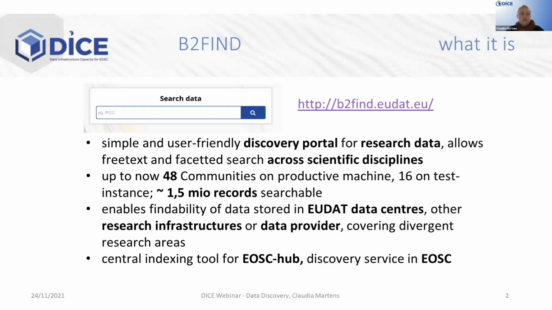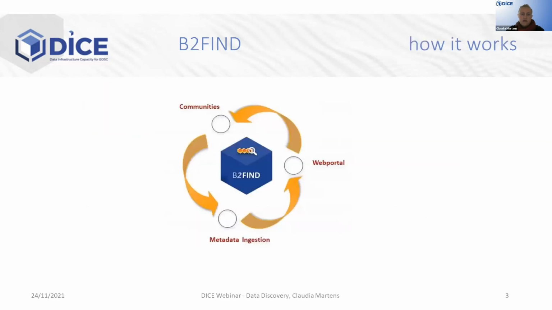We do collect metadata from EUDAT data centers. We certainly enable the findability of B2Share records, but we also have lots of other communities that are represented in B2Find. How it works: we have communities, that's what we call the data providers.